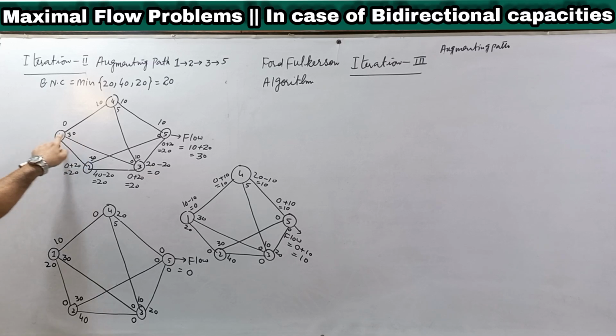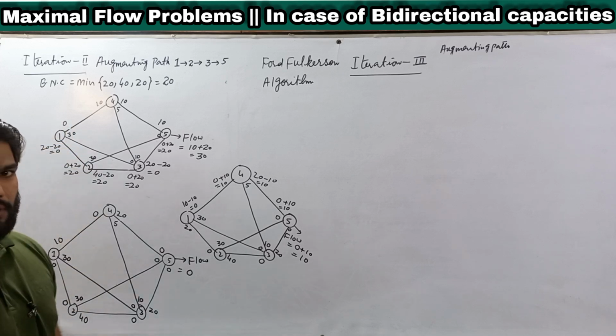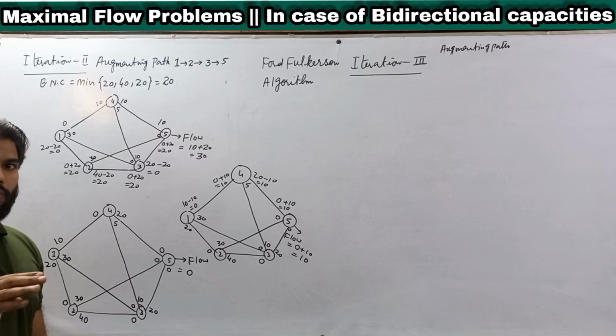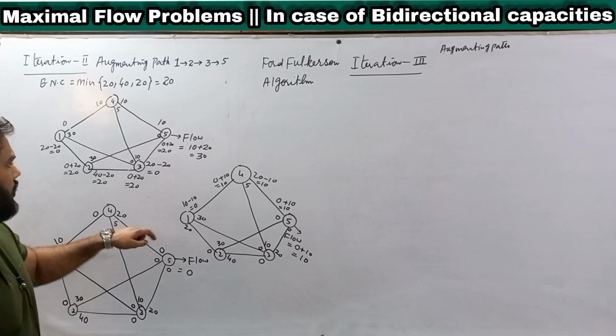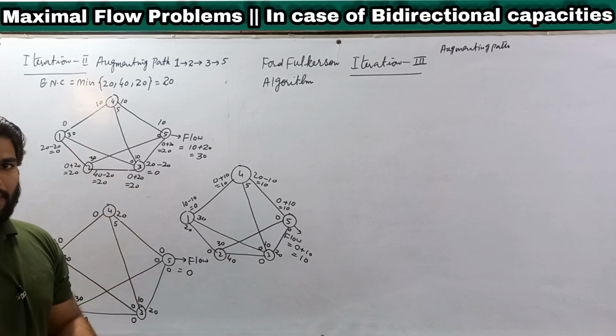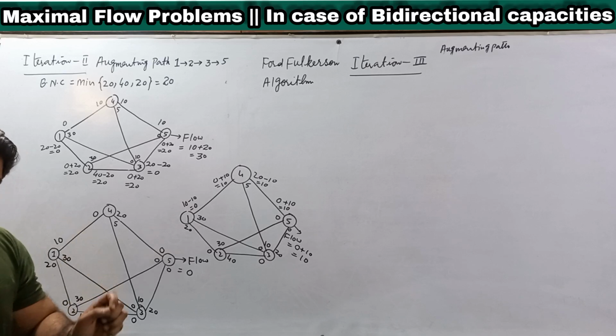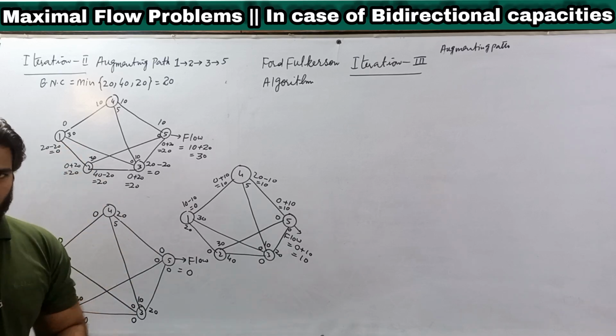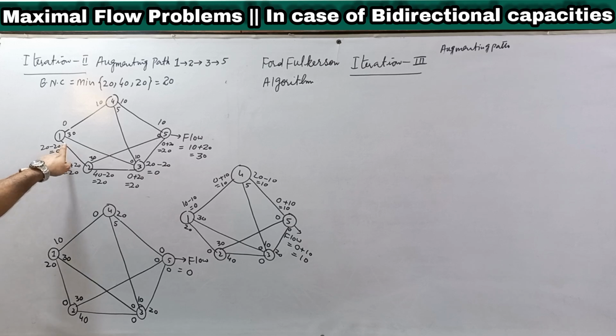We cannot move from node 1 to node 4 because the starting capacity is 0. 0 means no flow is allowed. To move from node 1 to another node, it is necessary that there should be a non-zero capacity at node 1. So the non-zero capacity here is 30.